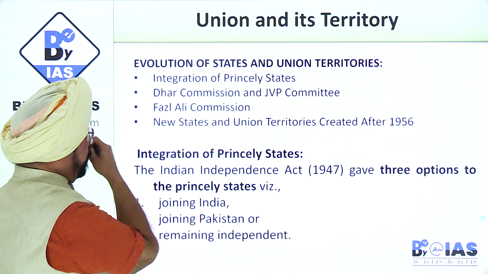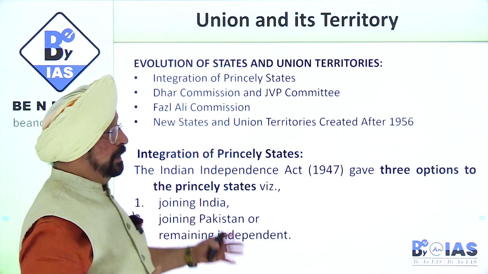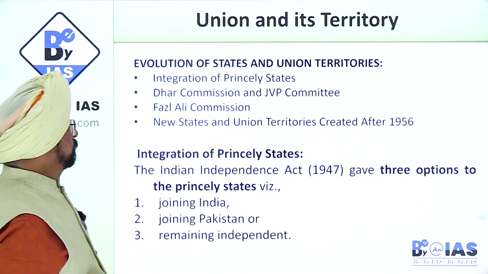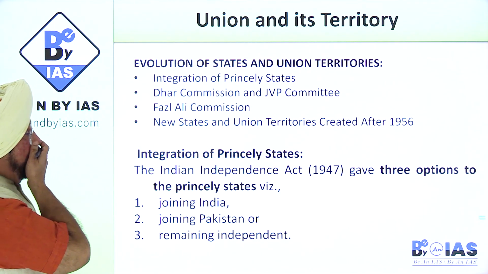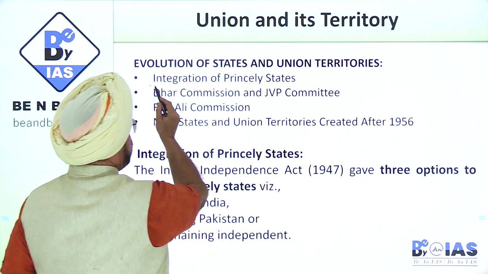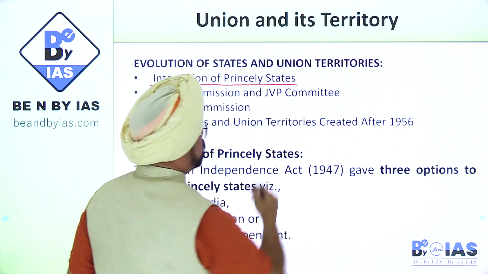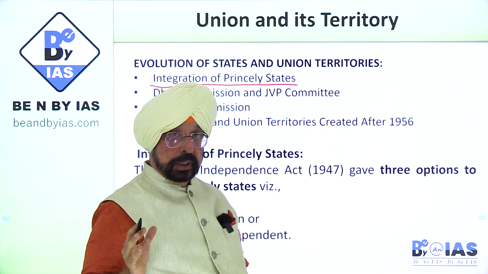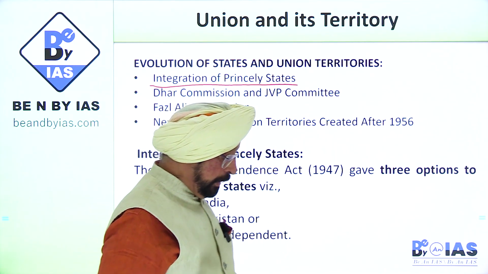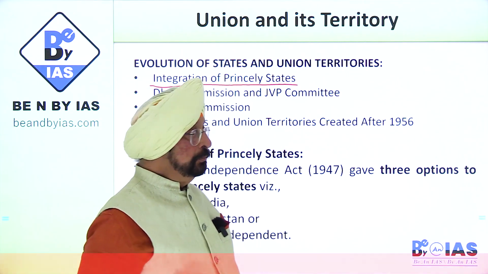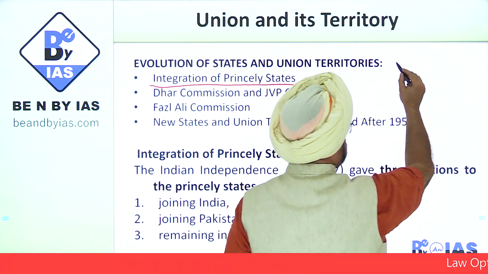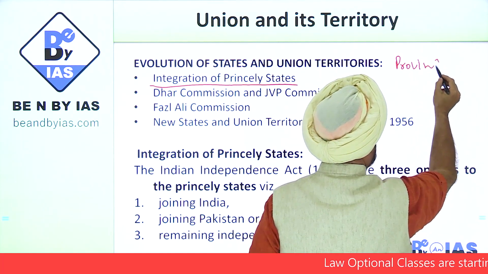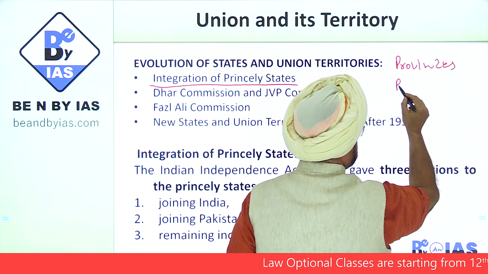Now we see the evolution of states and union territories, how they have evolved. One was the integration of princely states. See, what happened was, we have already studied during the making of the constitution that we had the provinces and we had the princely states.